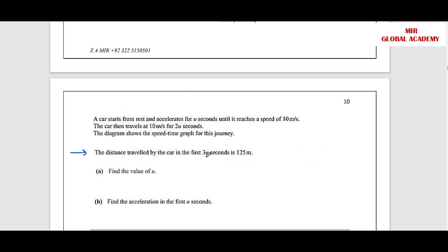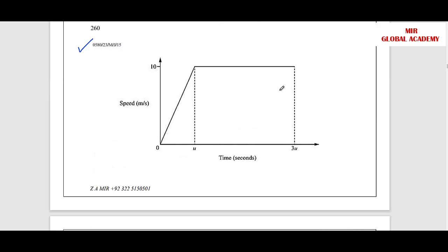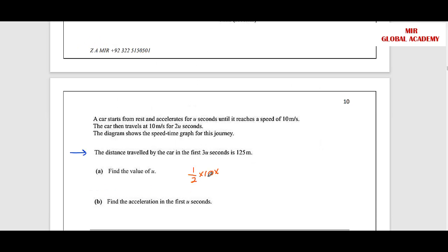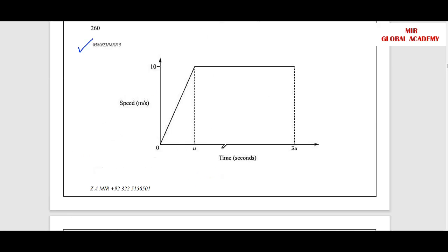The distance traveled by the car in the first 3u seconds is 125. So this is very important information. Find the value of u. Distance is given. And we know that in a speed time graph, distance is basically the area under the graph. And this graph is a trapezium. The height of the trapezium is 10. So half times height 10 times the sum of the parallel sides.